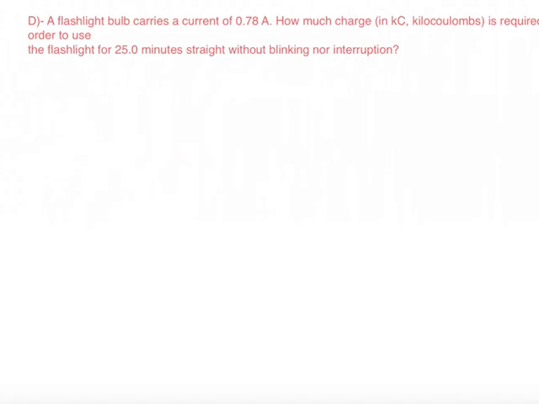For this last question, number D, we use the same equation. I will draw briefly again what it is about. We have a circuit. This is a flashlight. We have the battery here, negative, positive, and this is attached to a lamp.